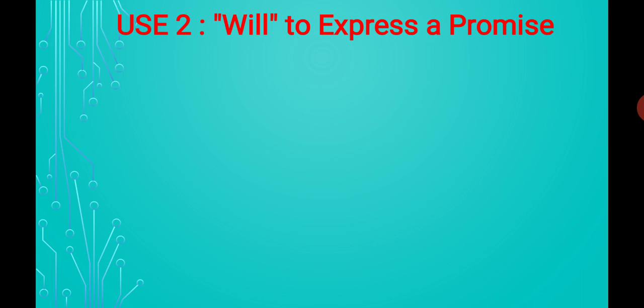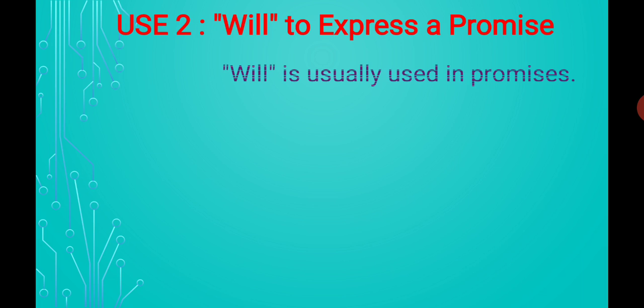Next, use 2 is will to express a promise. It means if you promise anybody something and you can fulfill your promise, in that way we will use the simple future tense.